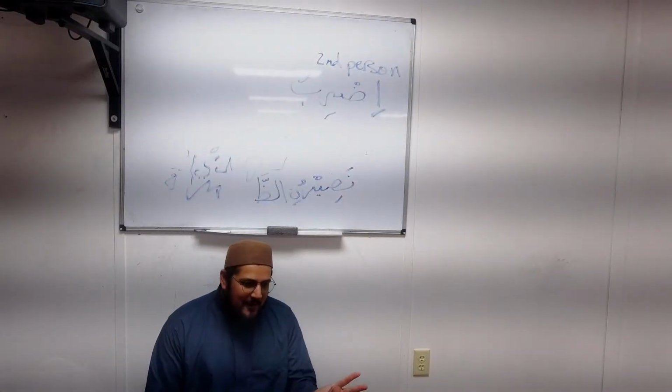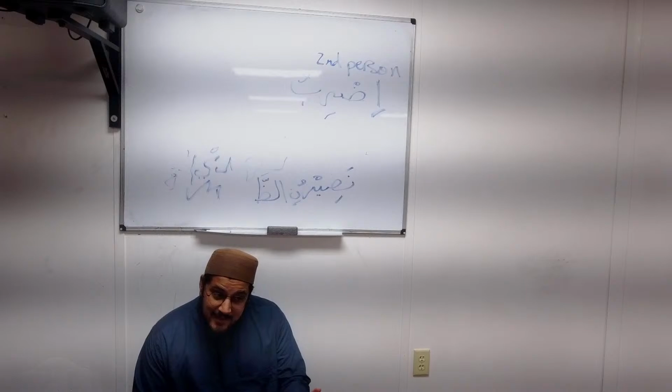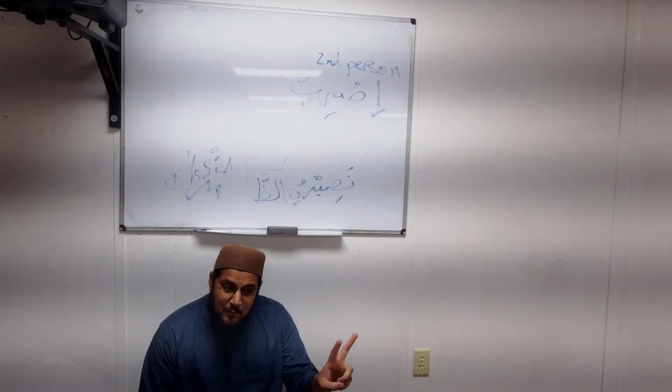That's plural. So what's the rafa version of this? Mu'minuna, not mu'minani. Mu'minani is dual, and the nasab and jar version of that is not mu'minina, it's mu'minaini. So if it's in the object, what is it again? Nasab.